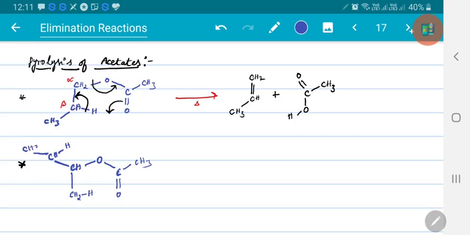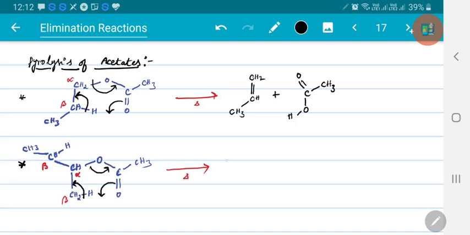Now there are two beta systems. Now there is competition. So this is the alpha carbon, this is a beta hydrogen, this is a beta hydrogen. Now which beta hydrogen is preferred? Right? So remember, always the less hindered system is abstracted. So on heating, here also it preferably abstracts this hydrogen. This bond got shifted here, this bond got shifted here. So the major product is from abstraction of the less hindered hydrogen.